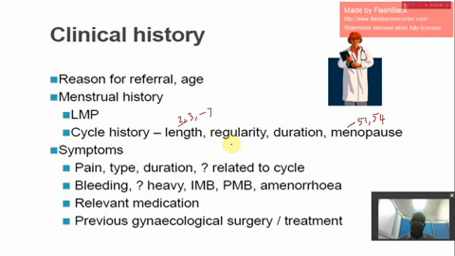Is it heavy? Is it intermenstrual bleeding or premenstrual bleeding? Or amenorrhea? Is it lack of menses for some time? Relevant medication given, previous gynecological surgery or treatment. So you're going to look at all this. So you, the sonographer, must consider all this clinical history of the patient in a brief way.